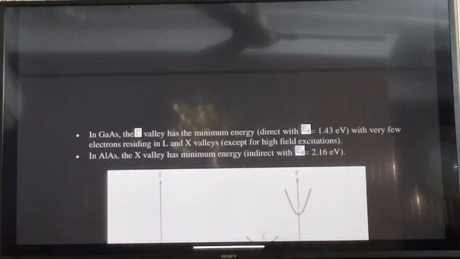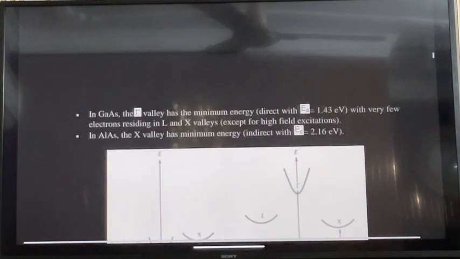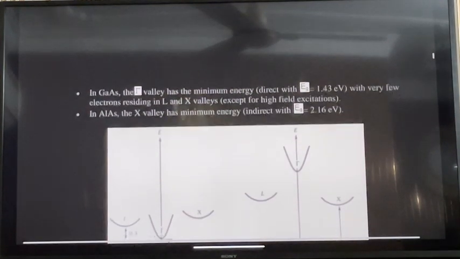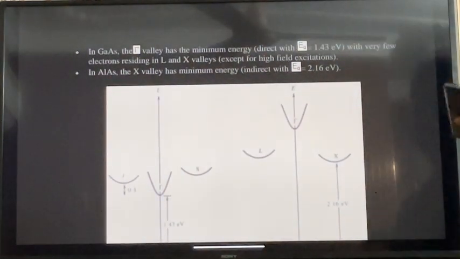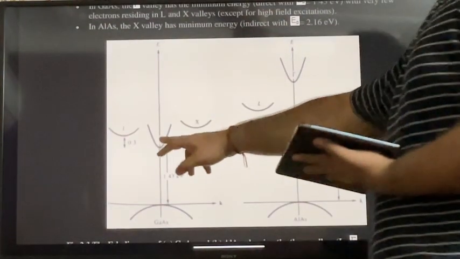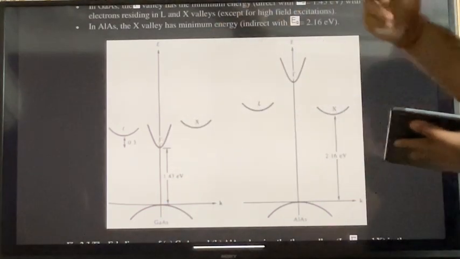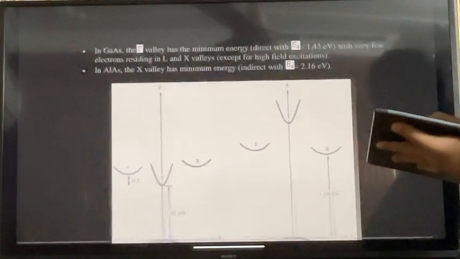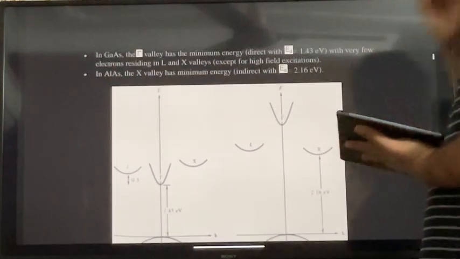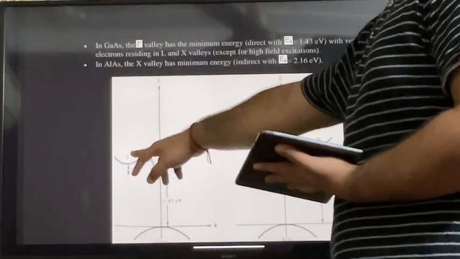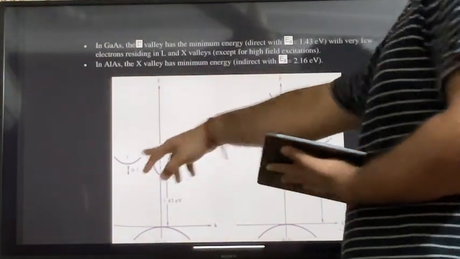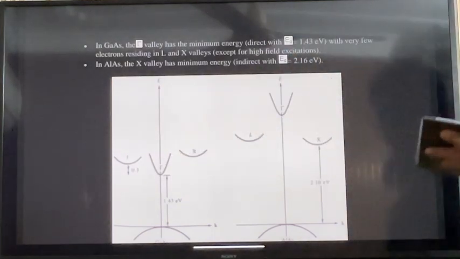Now in GaAs, so gallium arsenide, the Γ valley has the minimum energy, direct, with Eg equal to 1.43. So look at the Γ valley, which occurs at k equals 0, as we have already discussed. You can see that the Eg is the lowest, so 1.43. L is also shifted, X is also shifted upwards.